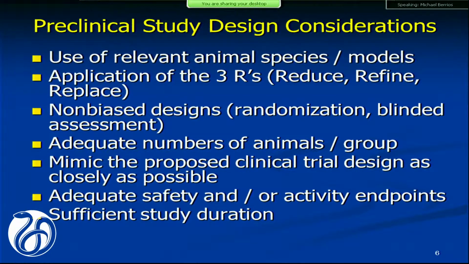Adequate numbers of animals should be included in each group, and the study design should mimic the proposed clinical trial design as closely as possible. And the study should include adequate safety and/or activity endpoints. The study duration should be sufficient to allow to assess the applicable endpoints.